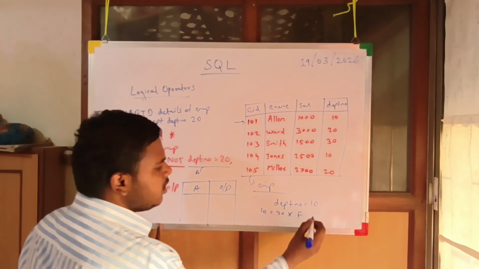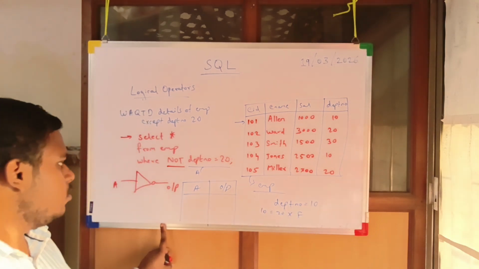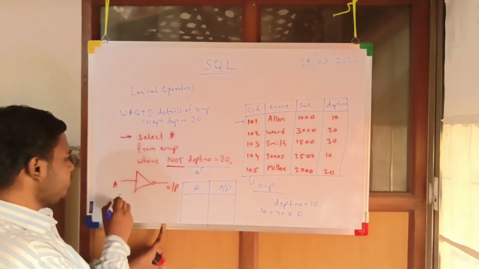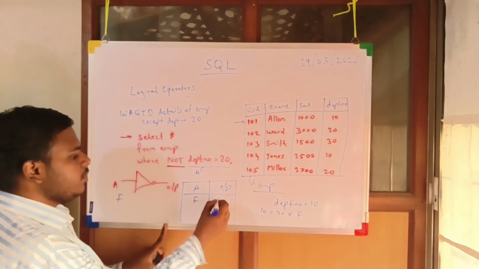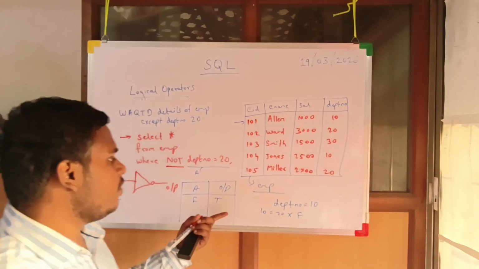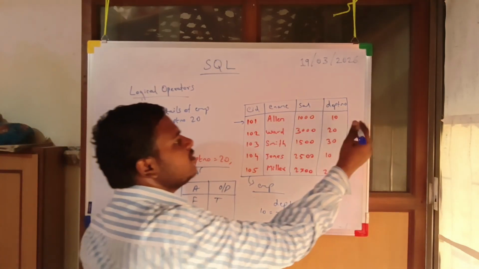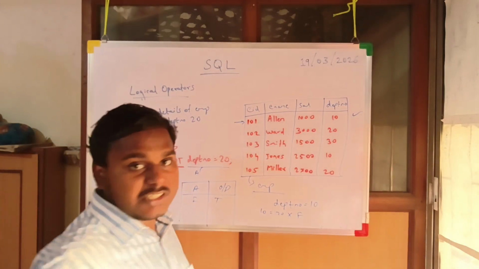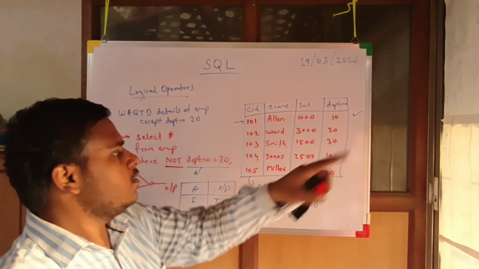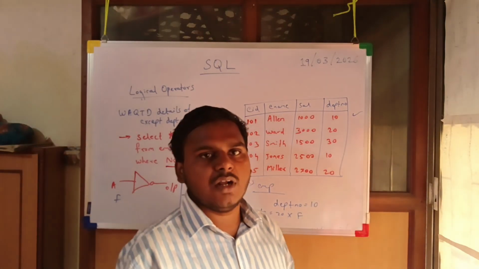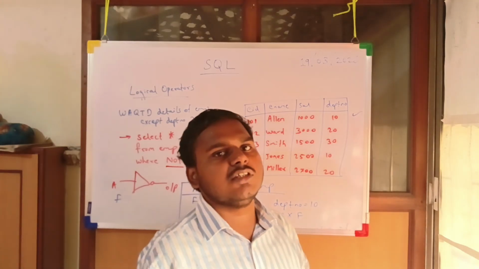No, so the condition is false. What is the role of the not operator? Negate. So false converts into true, so our final output is true and this record will get selected. If the condition is false, it makes it true and selects that record. If the condition is true, it turns into false and rejects that record.